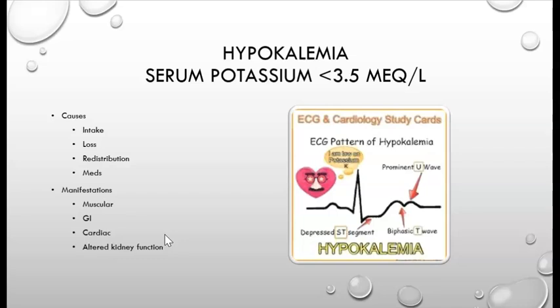So hypokalemia, that's when you have an abnormally low potassium level that's less than 3.5. Usually this is due to potassium loss, but it also can be influenced by lack of potassium intake.